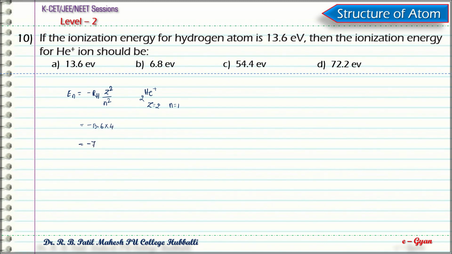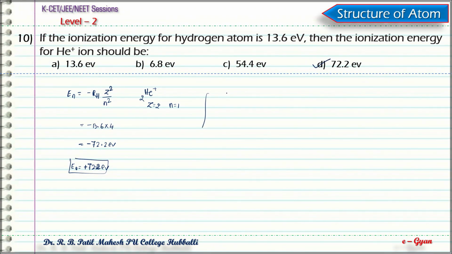The answer is minus 72.2 electron volt. So this negative sign indicates energy is liberated. But for ionization energy, amount of energy required to liberate the electron, that means En is to be taken as positive value plus 72.2 electron volt. The correct option is option D.